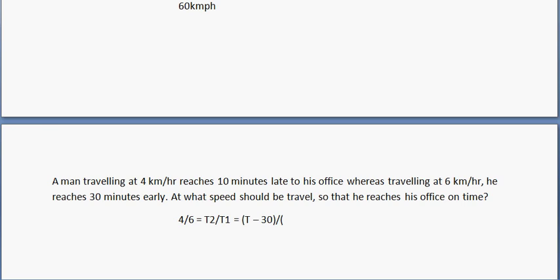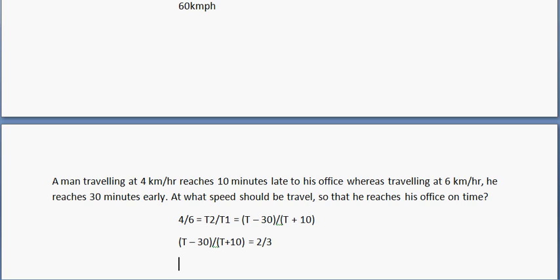Walking at 4 he is reaching 10 minutes late, which is T plus 10, right? So T minus 30 divided by T plus 10 should be equal to 2 by 3, right?